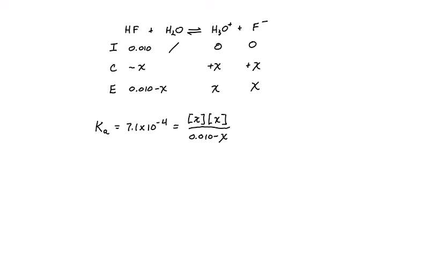So I'm going to do some of that algebra and we'll skip through that. Okay, so you can see here I've taken the bottom term on the right hand side and I multiplied that against the left hand side of the equation there. And we wind up with an equation that's in the quadratic form. Just got to rearrange it a little bit here.